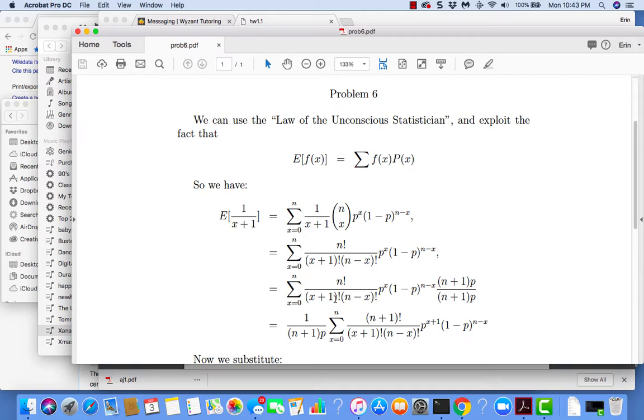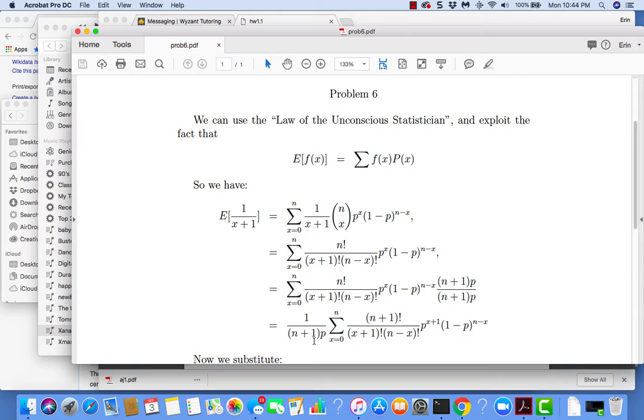And so I'm going to rewrite that. And what I'm going to do is multiply top and bottom by n plus 1 times p. The reason I'm doing that is so I can get the n plus 1 factorial in the numerator here.